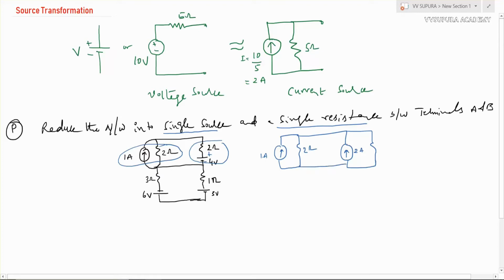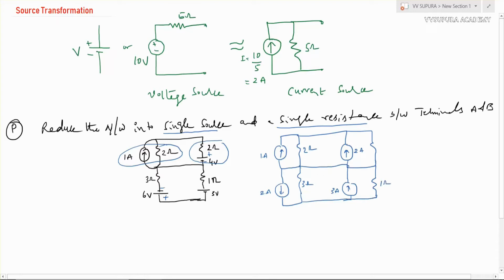This is one network, and this can be converted to an arrow mark downwards, because the positive terminal is on the bottom side, and this current will be 6 by 3, it is 2 amperes, with one parallel resistance of 3 ohms. And this voltage source can be converted to one current source of 3 amperes with one resistor of 1 ohm.